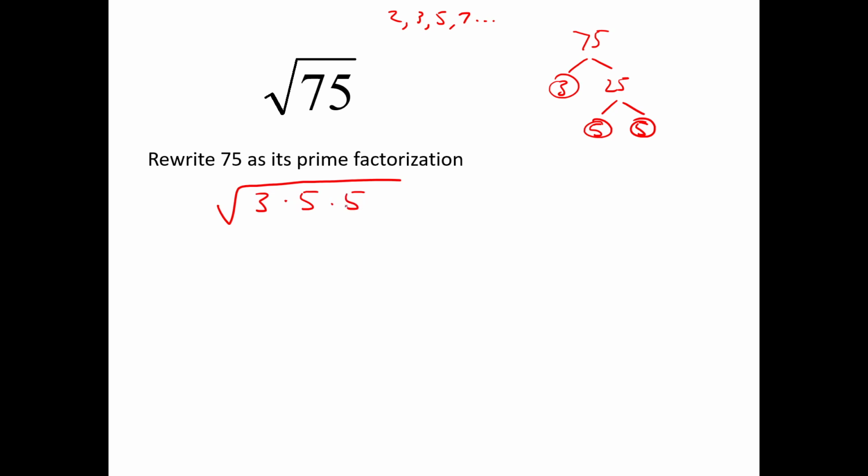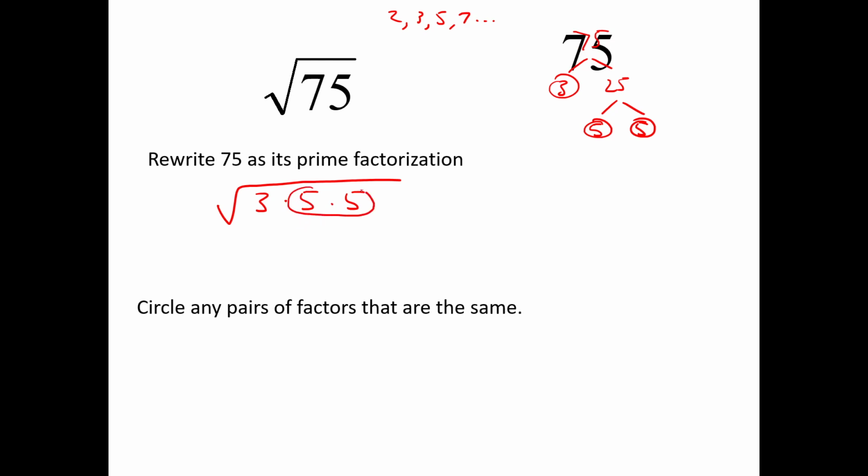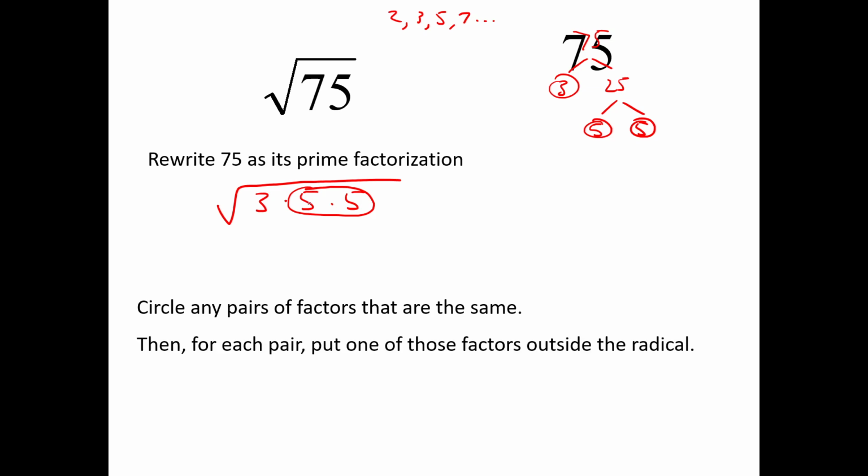Okay. And then what we do is we look for pairs of things that are the same. So in this case, we have a pair of 5s. And for everything that I circle, I put 1 on the outside. Okay, so again, what you're really doing is like 5 times 5 is 5 squared.